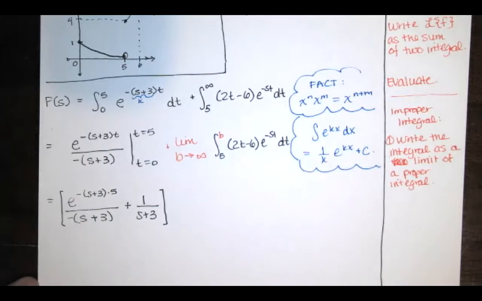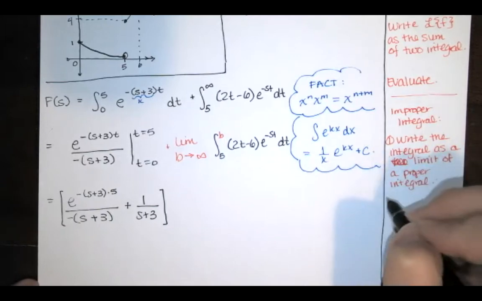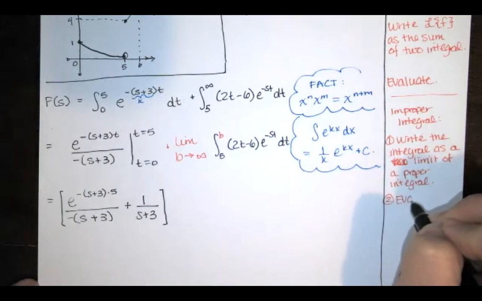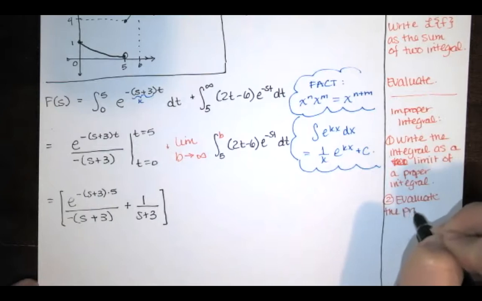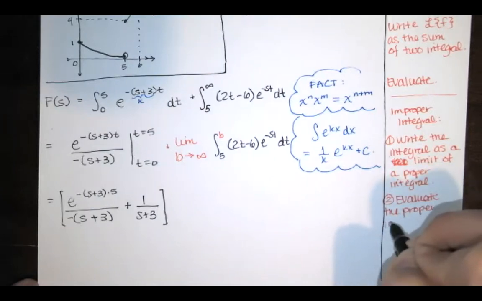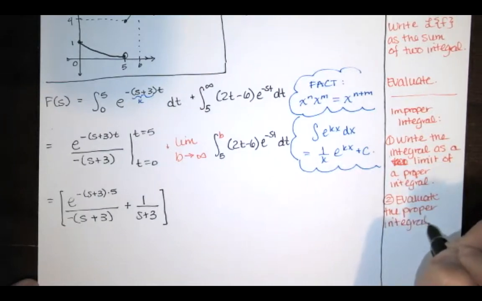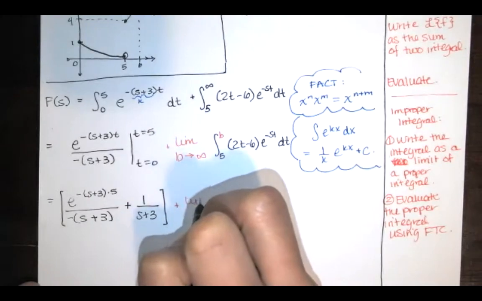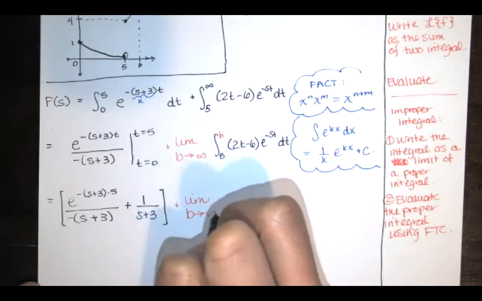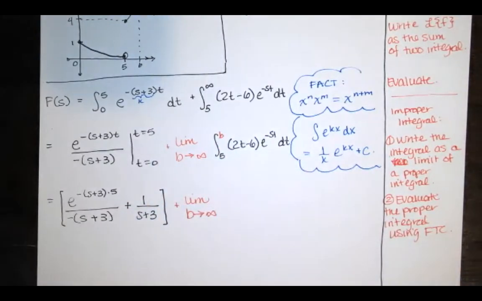So after writing the improper integral as the limit of a proper integral, we need to evaluate the proper integral using the fundamental theorem of calculus. So we have the limit as b goes to infinity. I'm ignoring that for right now, of this.